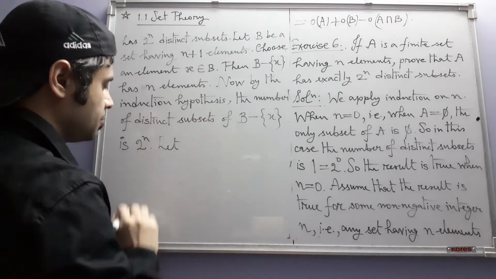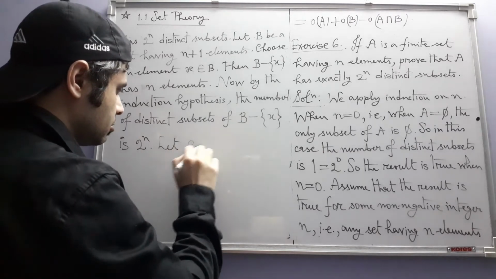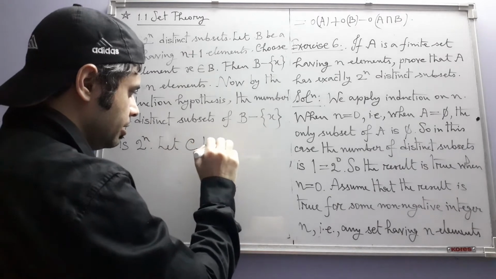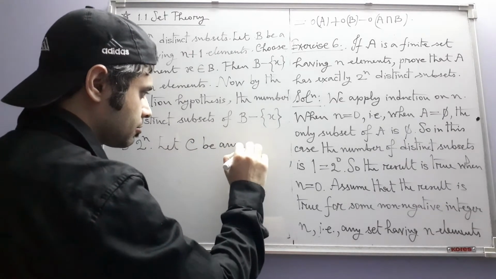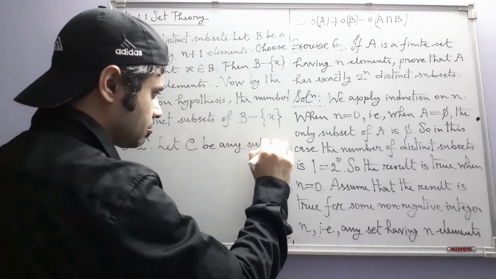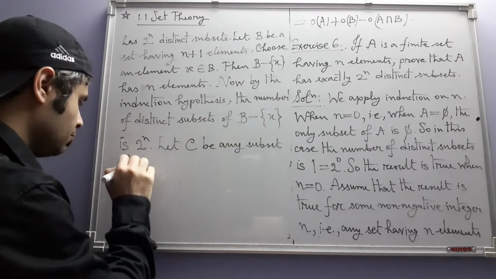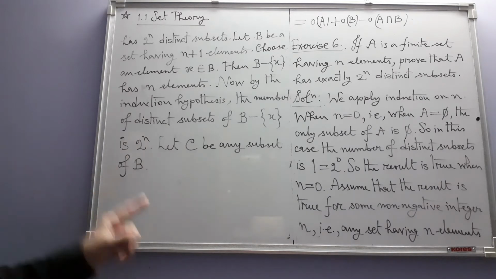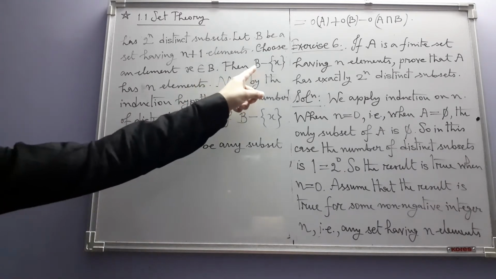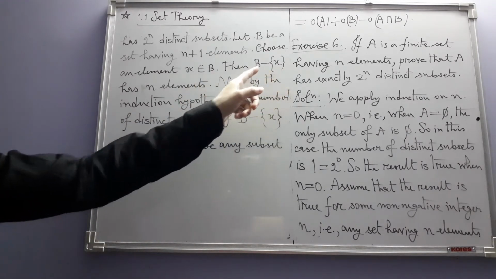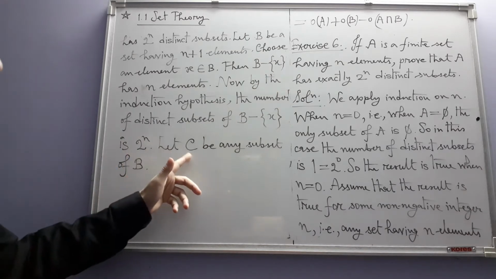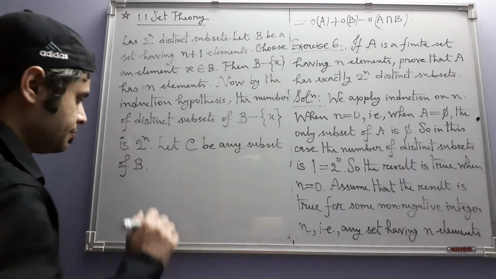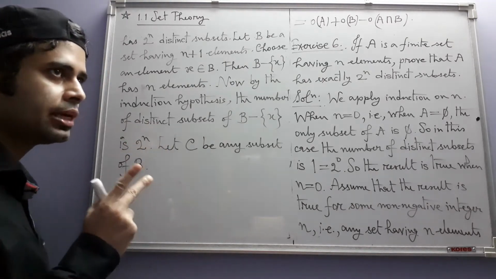Let C be any subset of B. Now we are not really interested in just the subsets of this B minus x, but we want to know about all the subsets of B. So let C be any subset of B. Then exactly two cases arise.